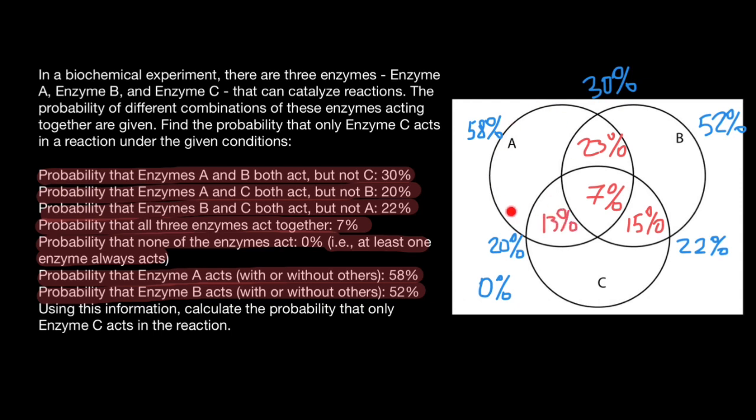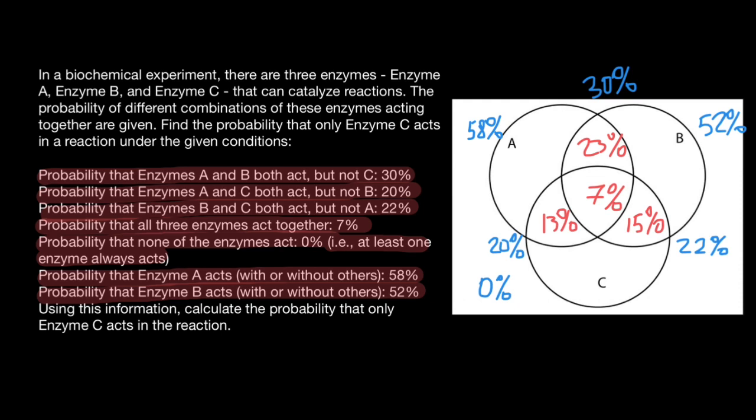Now we have to fill section A, B, and C, because this 58% stands for the whole circle. But we do not put 58 here, otherwise, as you see, we are going to have more than 100% here, which is not possible.